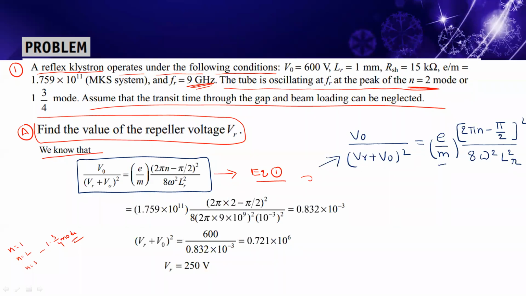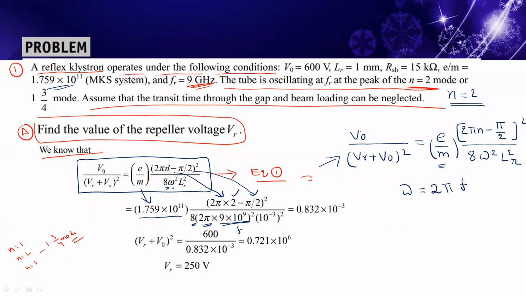Already e by m is mentioned, so 1.759 times 10 power 11, direct substitution. What is n here? They already mentioned n equals 2. So direct substitution, n equals 2, and pi by 2 is direct. So it is 8 omega, where omega equals 2 pi f. So 8, 2 pi, and this is f.